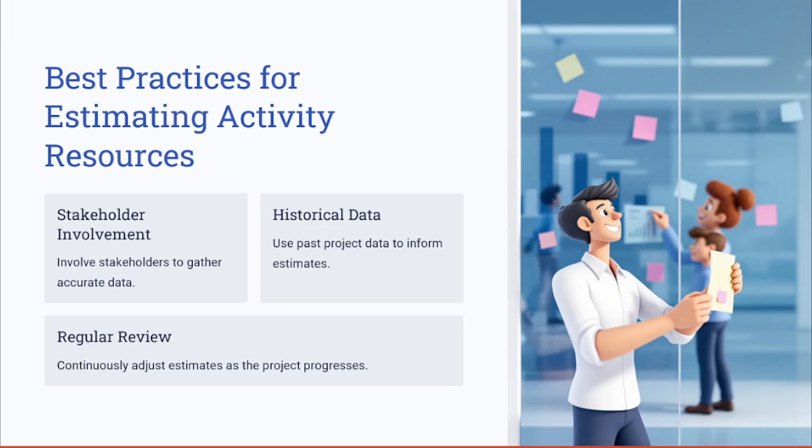Next, you can use the historical data and lessons learned from past projects to guide your resource estimate. Also, you can review and adjust the estimates regularly as the project progresses, since the resource requirements can change due to unforeseen circumstances, so you need to keep reviewing and adjusting your resource estimation plans.